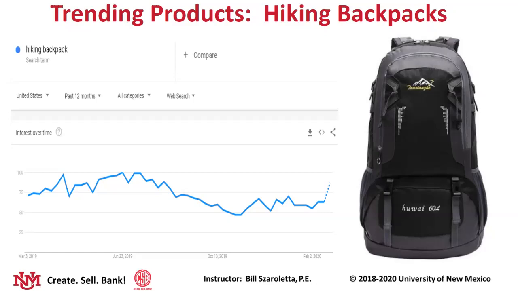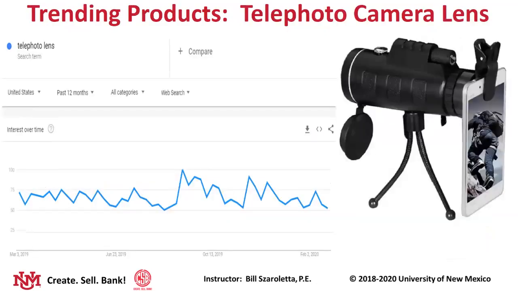So just my research, I was trying to find items that had above 50 all across the board. I looked at a hiking backpack, and that came out pretty well.